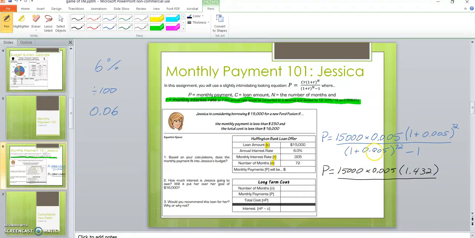You'll notice that this in the brackets is the exact same thing as up here: 1 plus 0.005 with the exponent 72. So I don't actually need to use my calculator to figure this out because I already did.